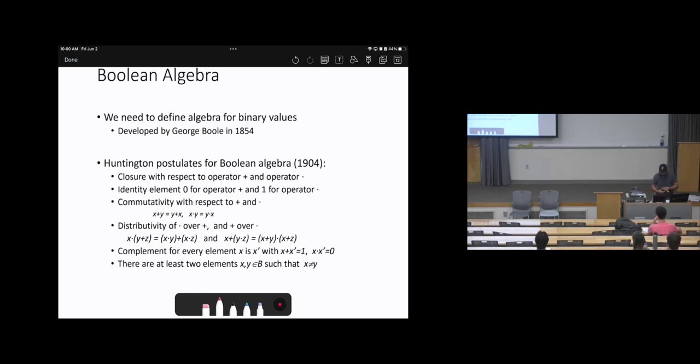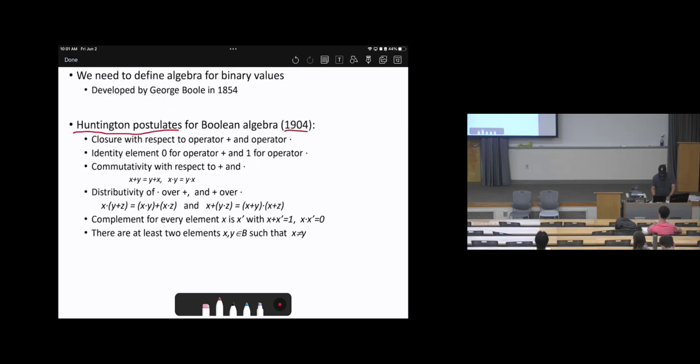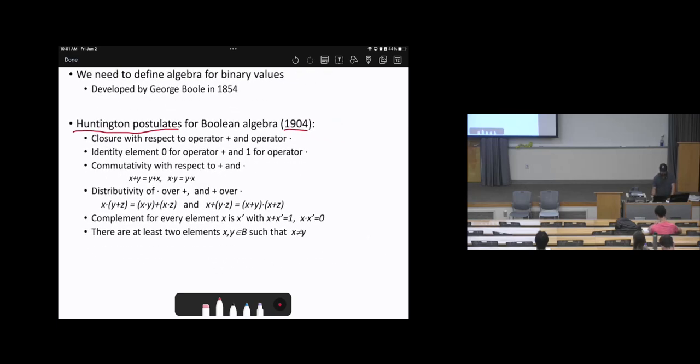Then, in order to do analysis, there are some postulates that were developed in 1904, and we need to be aware of them. We have postulates related to the operator plus and the operator dot. Most likely, Boolean algebra includes only these 2 operators, addition and multiplication. You will not see division, and you will not see subtraction, because we can perform subtraction by taking the complement.